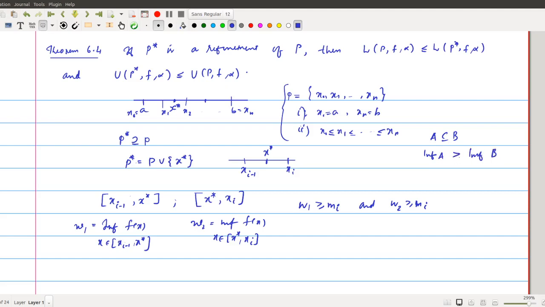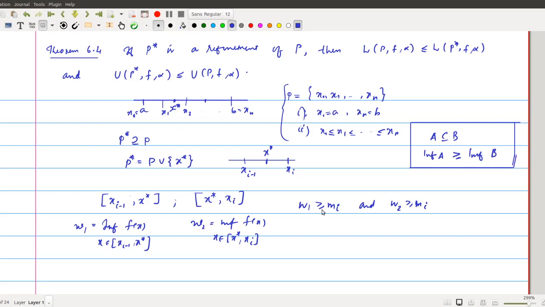A subset should have a larger infimum. So this is the idea we have used here. Please try to show that if A is contained in B, then infimum A is greater than or equal to infimum B. This is the result we have used here.